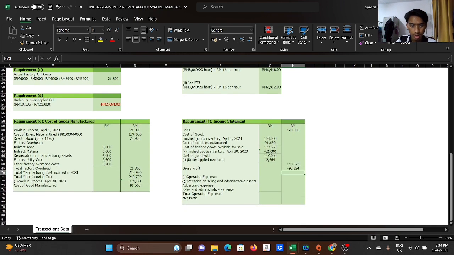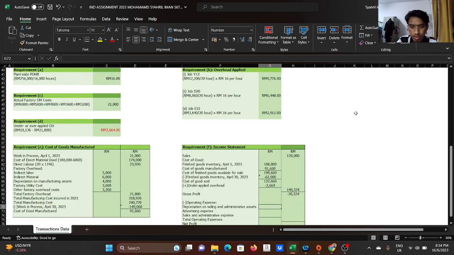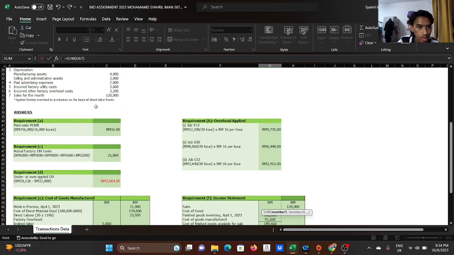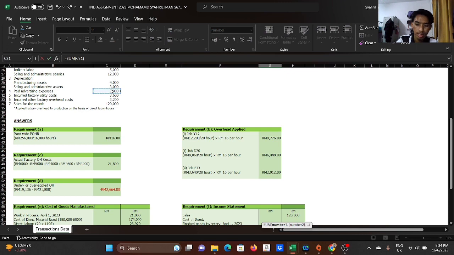Okay, next, we find the operating expenses to minus from the gross profit to get the net profit. So, operating expenses: first, depreciation on selling and administrative asset, which in the question is 3,000. Next, advertising expense, 7,000.